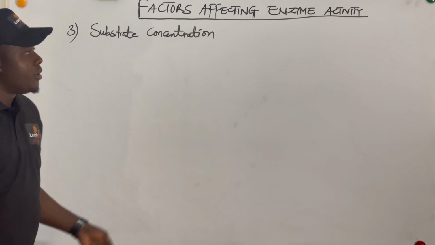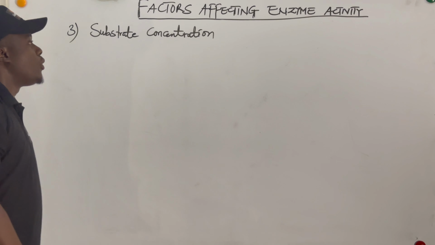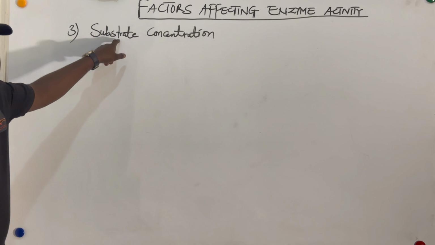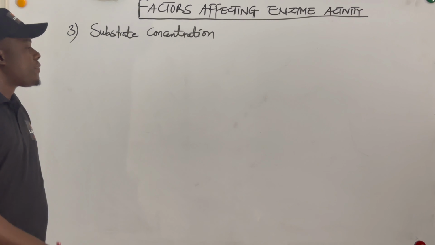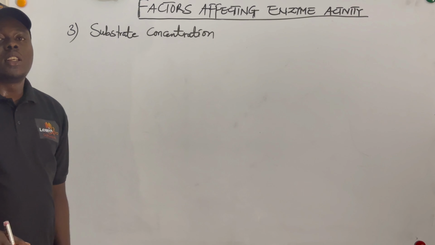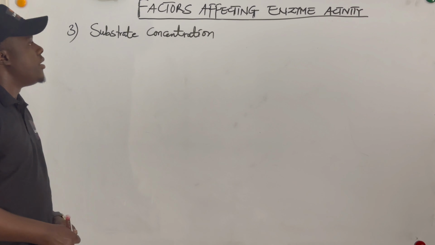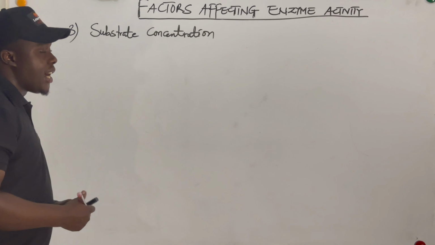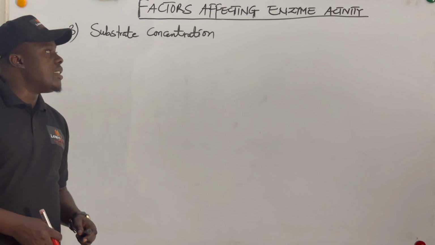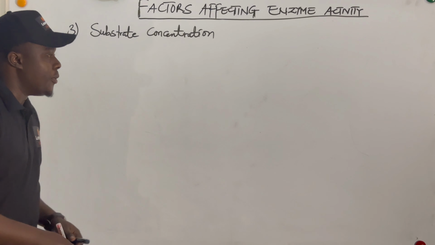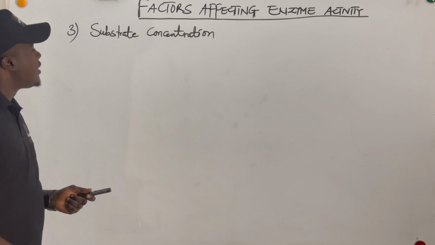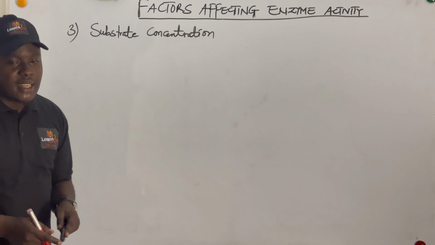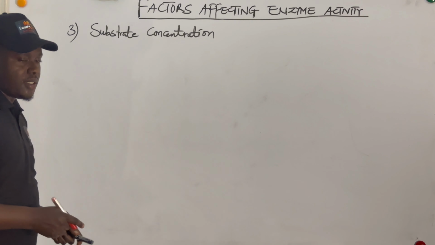The third factor that I'm looking at that influences or affects enzyme activity is substrate concentration. Now, an increase in the substrate level of a particular reaction can highly influence the enzyme's activity. Now, if you increase the amount of substrate, the enzyme acts on the substrate.